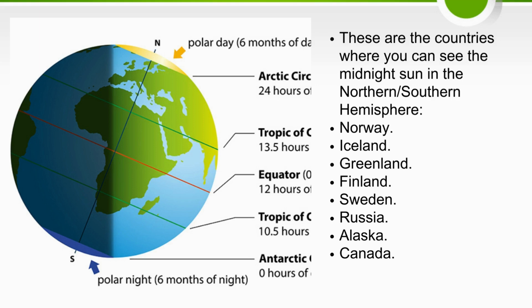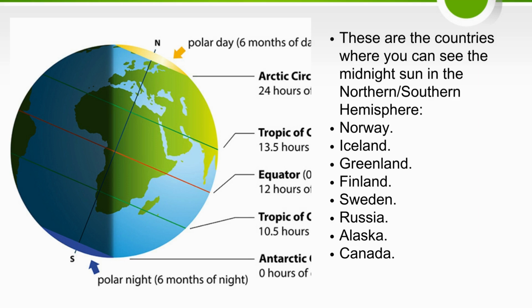This is as a result of the fact that the reflection of light on the North Pole is constant, while there is no reflection of light at the South Pole. So any country located at this region will constantly experience only day or only night.